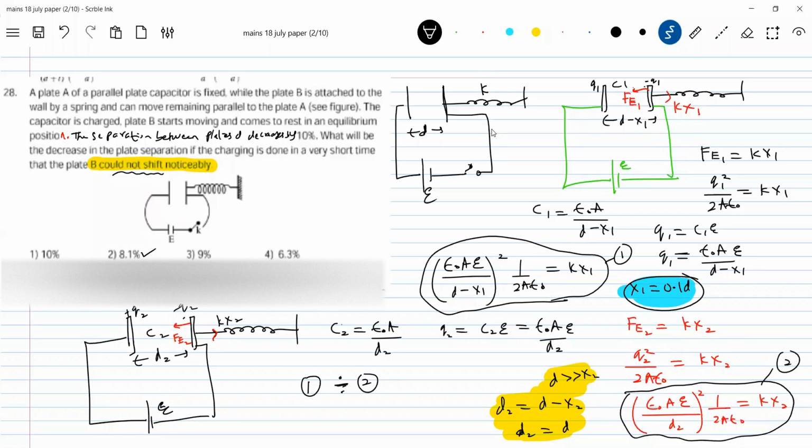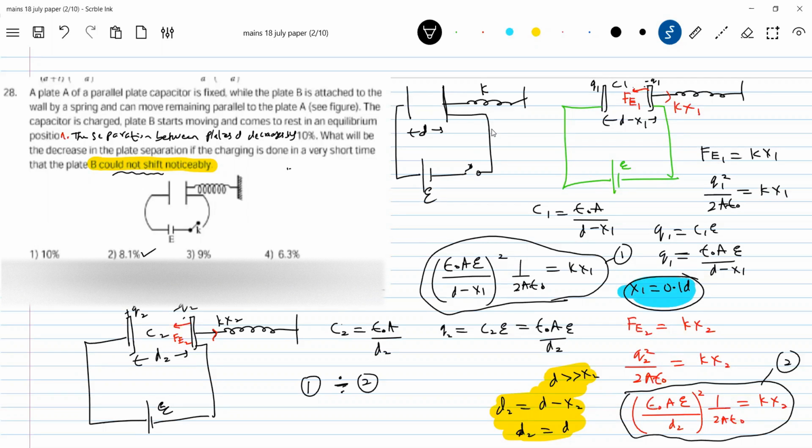If it charges gradually, it will come to equilibrium. If it doesn't, the plate suddenly gets charged, so suddenly a force will act here and the plate will undergo displacement. Now at equilibrium, the plate will not be at rest, it will have velocity. In the other situation, it moves gradually and at equilibrium will come to rest.